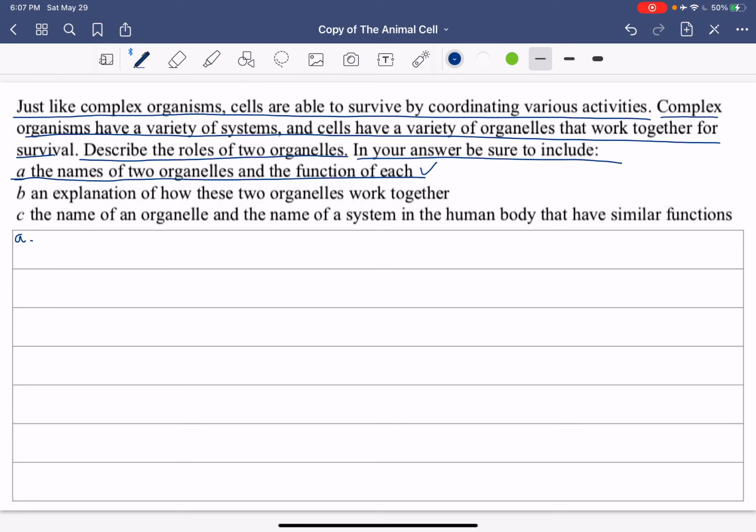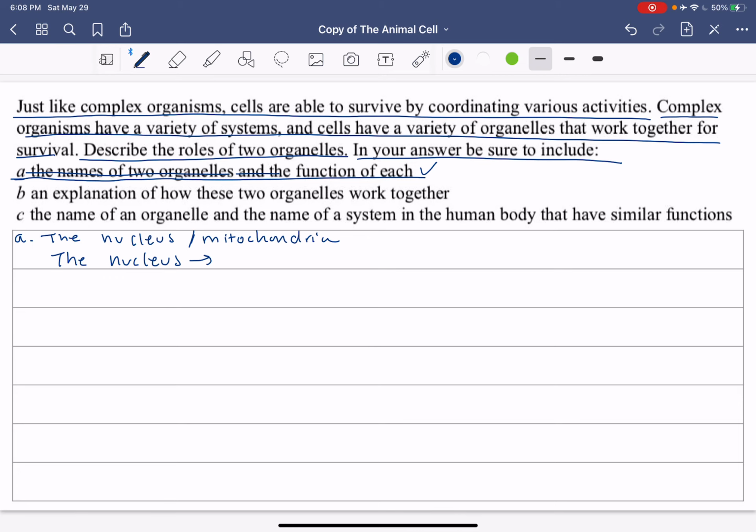A. The names of two organelles. Let's choose the nucleus and the mitochondria. Okay. The names of two organelles. They want the function. The nucleus.